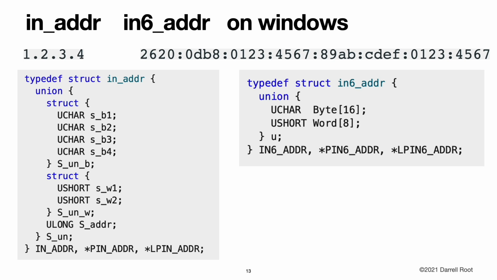Each hextet has 16 bits, so 8 words, each is a short, so there's our 8 hextets, and there we go. One of the inconvenient things about dealing with IPv6 addresses is most programming languages do not have an unsigned 128-bit integer. It would be nice to just be able to access the IPv6 address as an unsigned 128-bit integer, but it's not available in C by default.